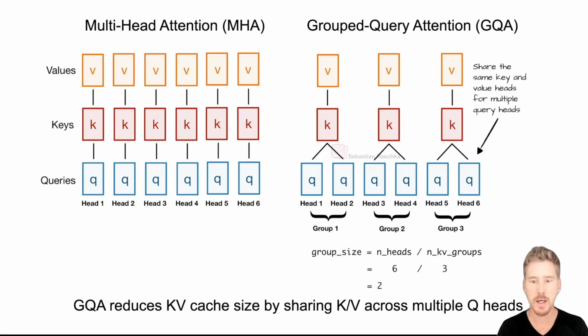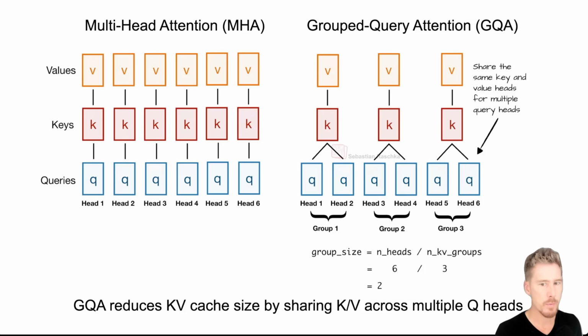This is one of the tricks. Of course, we can take this to the extreme. We could, for example, make only one group, which means all the queries share the same key and value, but that would be too extreme. By the way, this is called multi-query attention. And then the model starts becoming worse in terms of accuracy and modeling performance. So we don't want to make it too extreme.